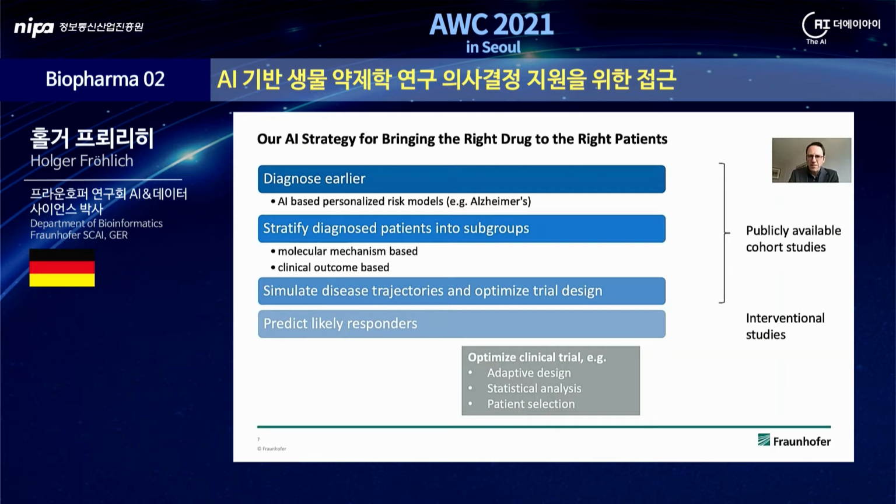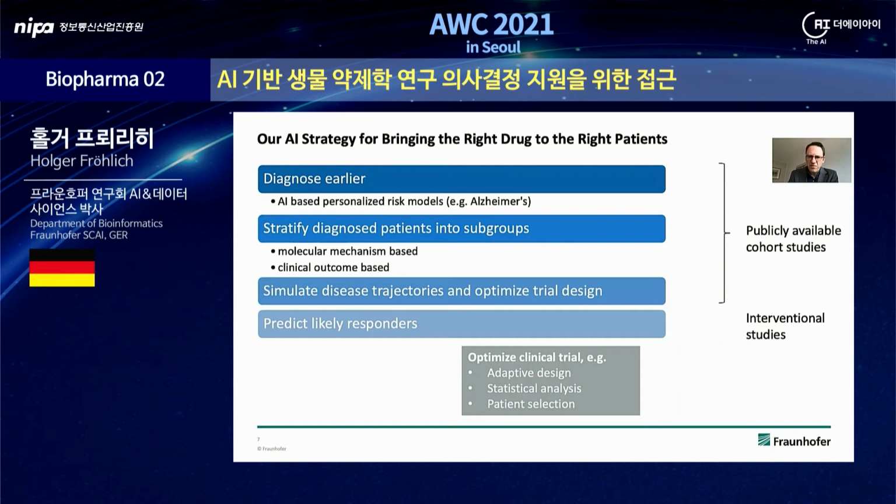The third step in our strategy is the AI-based simulation of disease trajectories of individual patients under different inclusion and exclusion criteria in order to optimize clinical trial design. Importantly, the first three steps can be performed with the help of publicly available cohort studies, which have been conducted in many areas of disease.